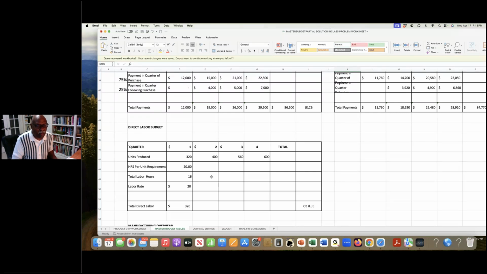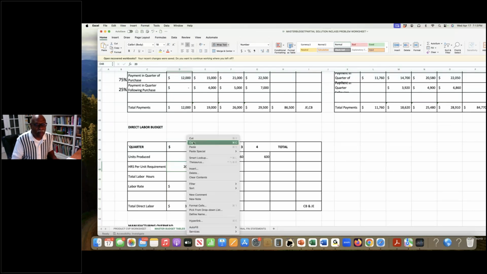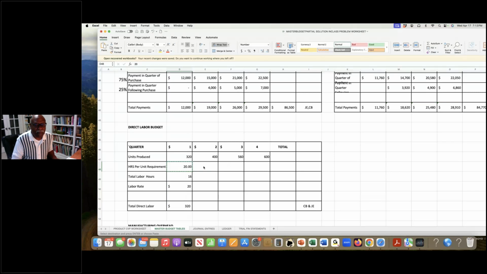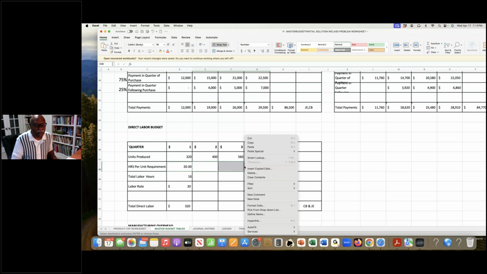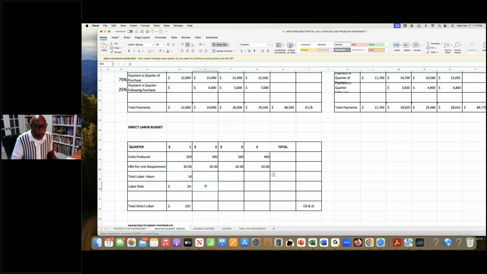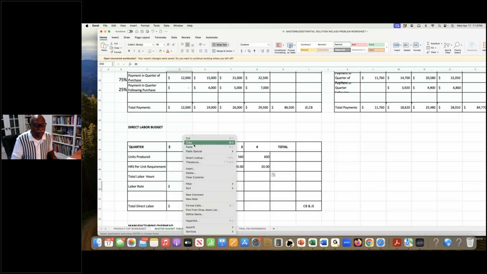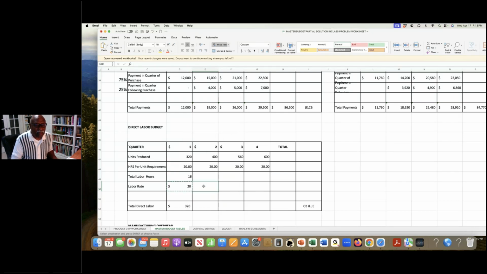We paid the workers $20 an hour. They produced 20 an hour, and their labor rate was 20 an hour.